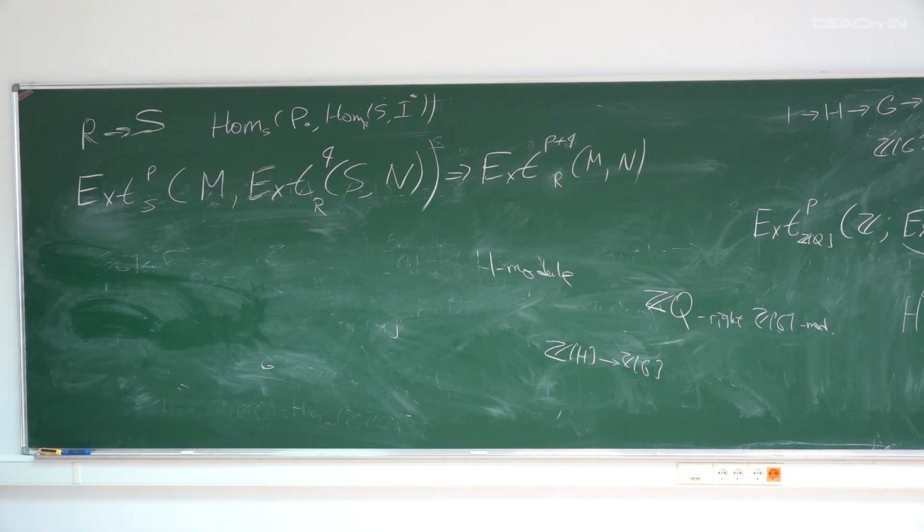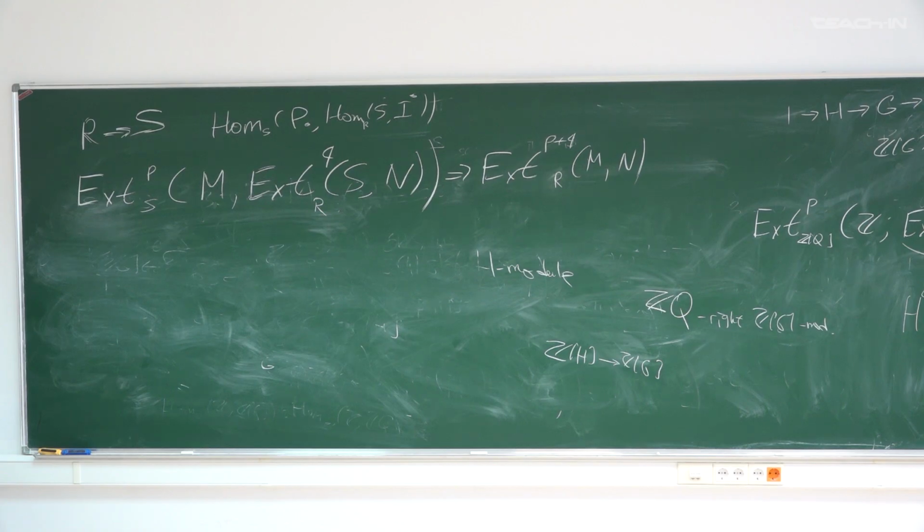So we have another spectral sequence, the third base change spectral sequence, of the form between Tor and Ext.